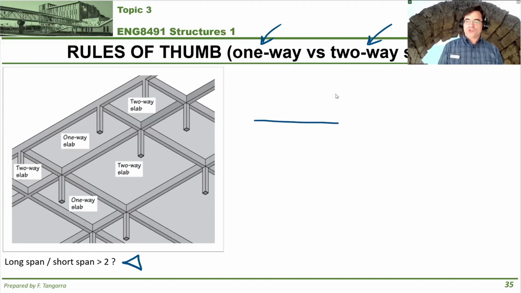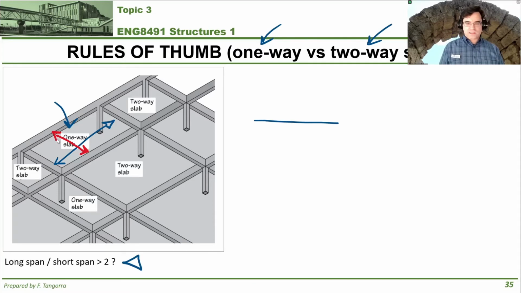Okay, so let's say for this here that's indicated as a one-way slab, this would be the long span, and this here would be the short span of the slab. Okay, they're the plan dimensions.